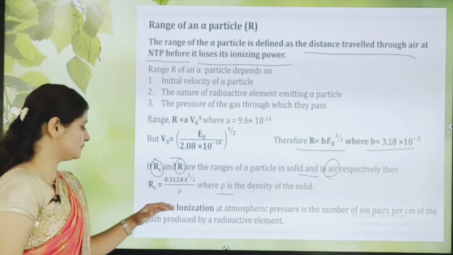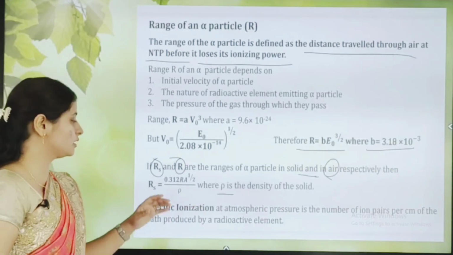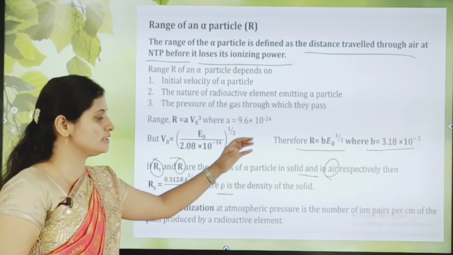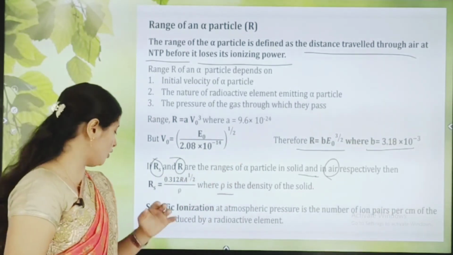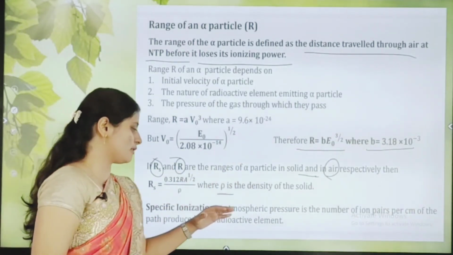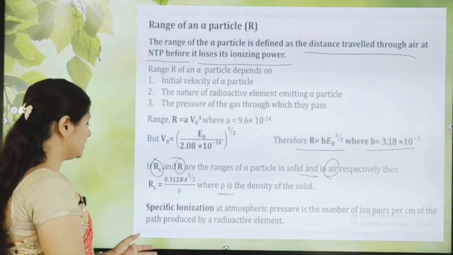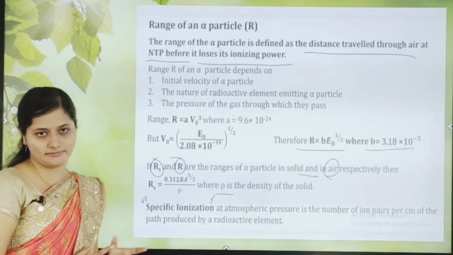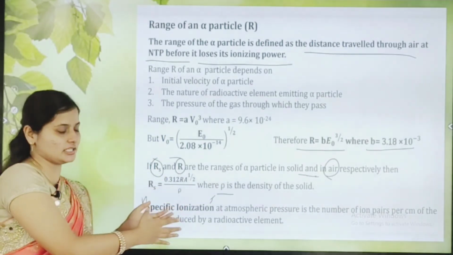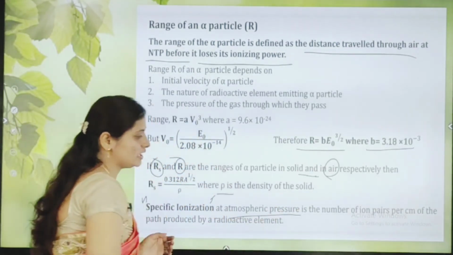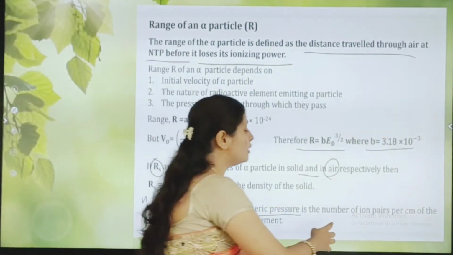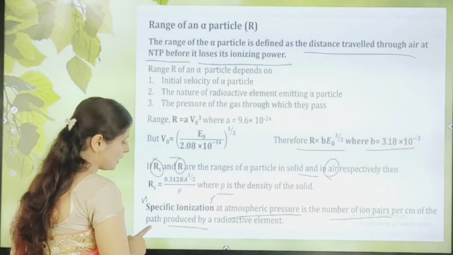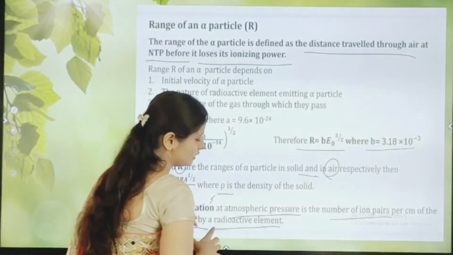And the last one, specific ionization. At atmospheric pressure, it is the number of ion pairs per centimeter of the path produced by the radioactive element.